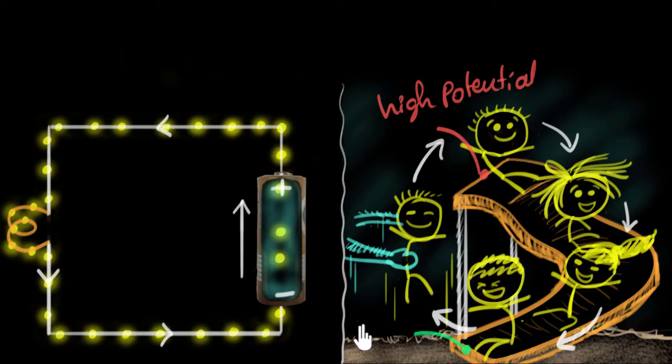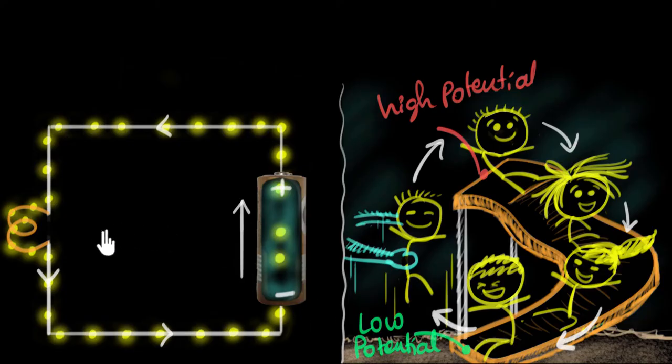So we can say this is low potential point, low potential. And as the kids move back up, they gain potential energy. And who gives them that potential energy? Well, again, you might guess it's this person who's pushing them up. He's the one who's transferring the potential energy back into the kids. And again, the kids lose that potential energy, and so the cycle repeats.